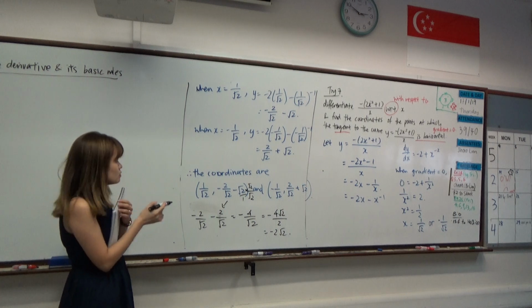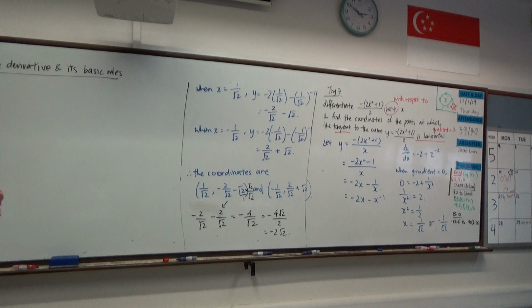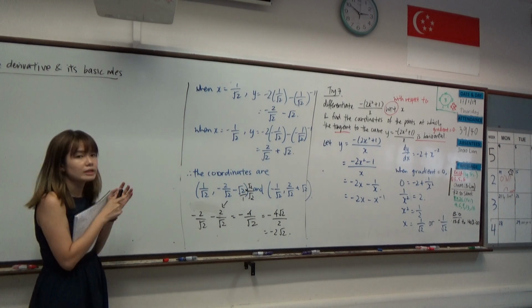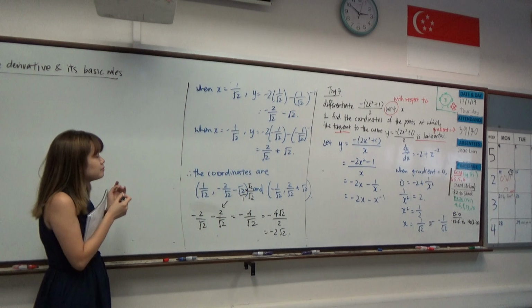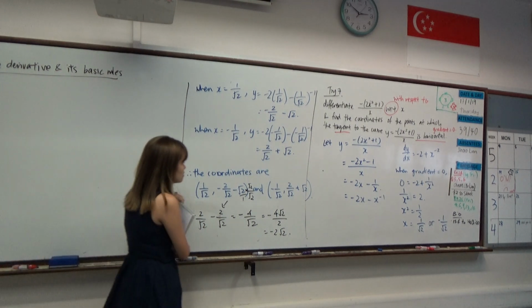Square root 2 times square root 2 gives you 2, and then the denominator is square root 2. Can I go back and check about the simplification again, whether it is acceptable? So for now, I'll just leave your answer like that. I'll get back to you.